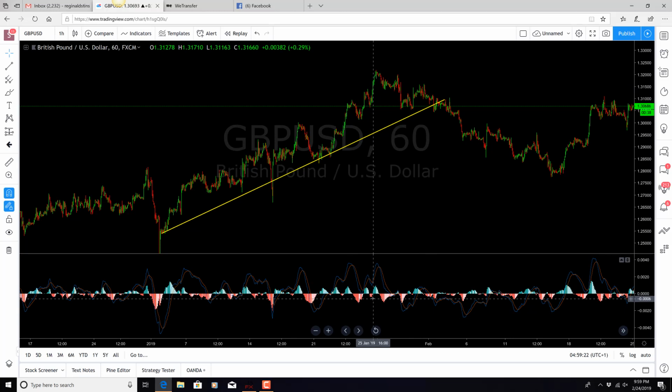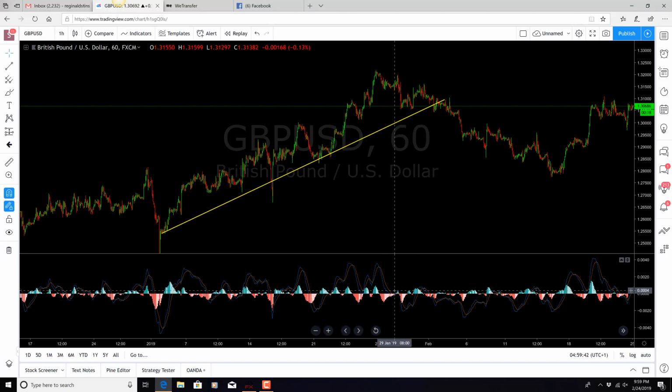But if you look at the MACD as another tool for confluence or confirmation, you see that the blue line crosses over the red, and at that point the market begins to go down. There are a couple of things to be mindful of.